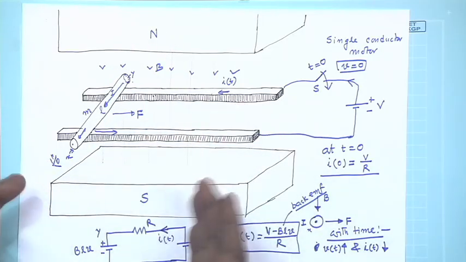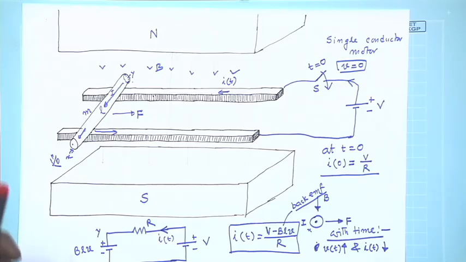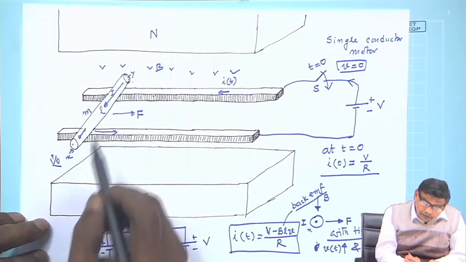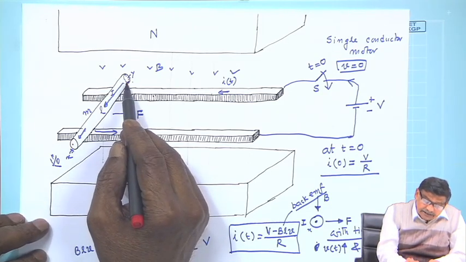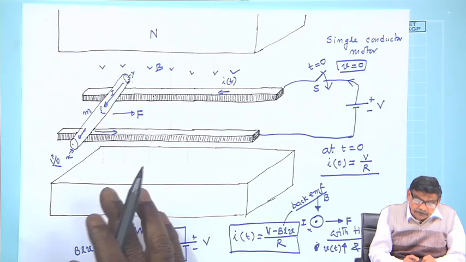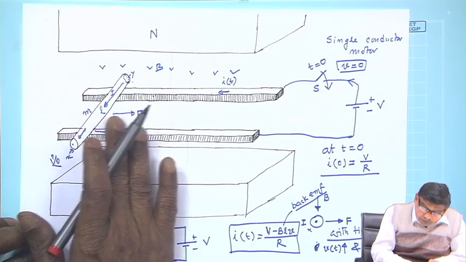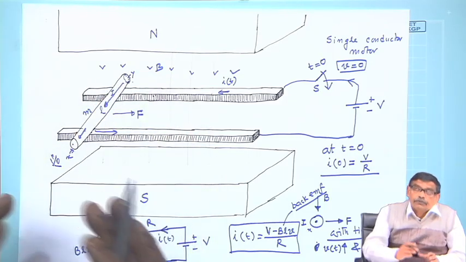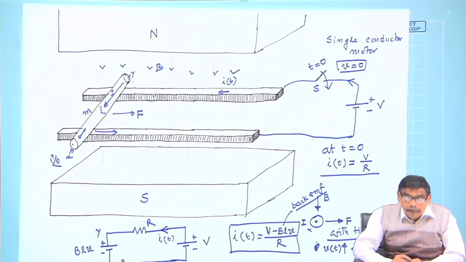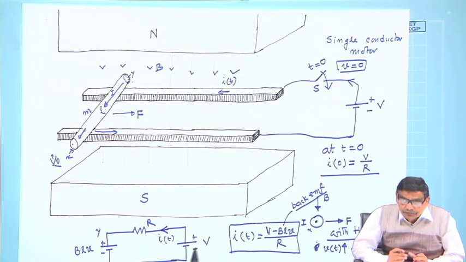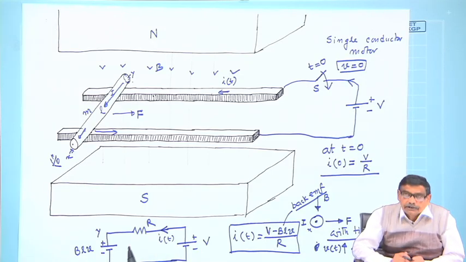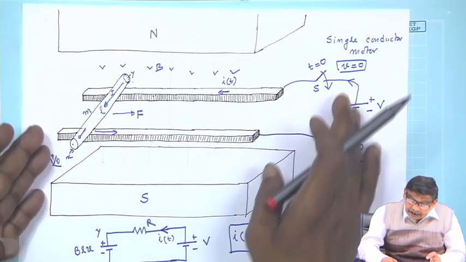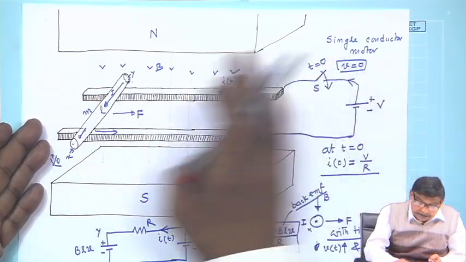It is preparing to move, because of inertia. So, velocity at t 0 plus is also 0, then this force is acting on this mass, therefore, it has to accelerate. The moment it starts moving, it acquires some velocity for t greater than 0, and the scenario in this circuit changes.